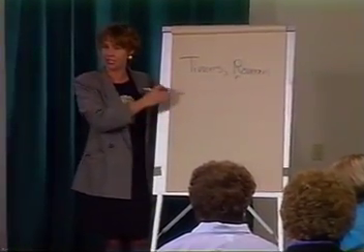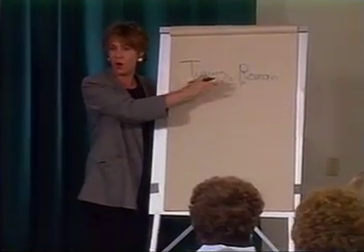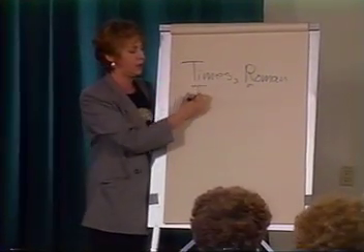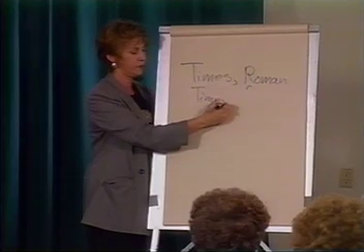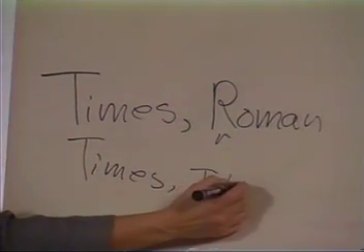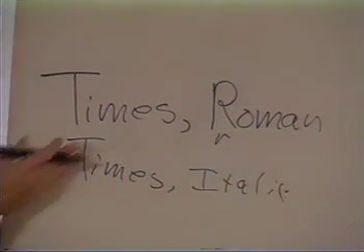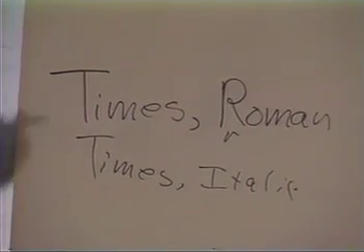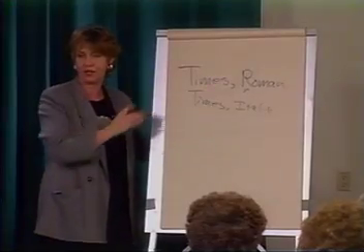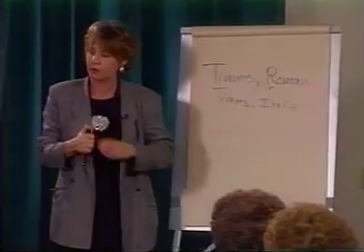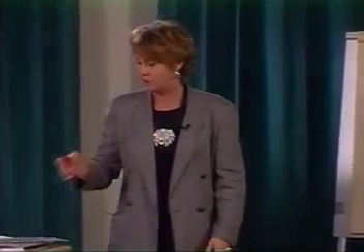It isn't. Times is a typeface, Roman is a style. Then you can also have Times and then Italic, or Times Bold. And you always have your name first, your style second. So Times Roman or Times Normal, that's just as if I was speaking in a normal tone of voice.